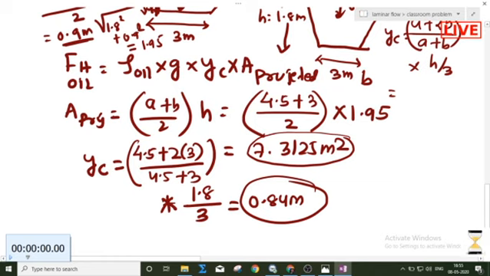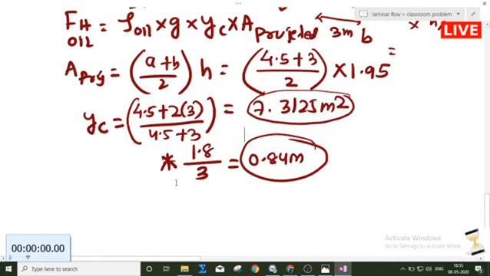Now can you find the hydrostatic force on each surface? For the hydrostatic force by the oil, the density of the oil is given as 936 kg per meter cube.